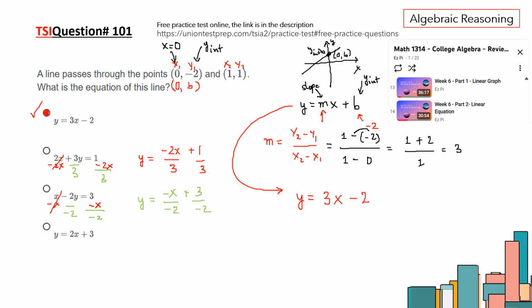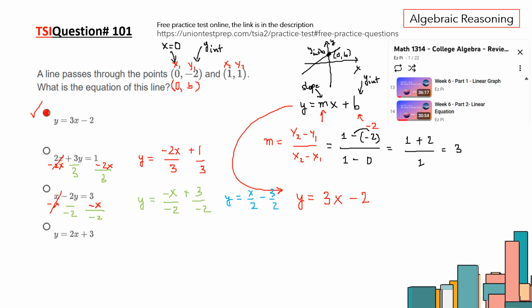If you simplify it, it will become y = x/2 - 3/2.